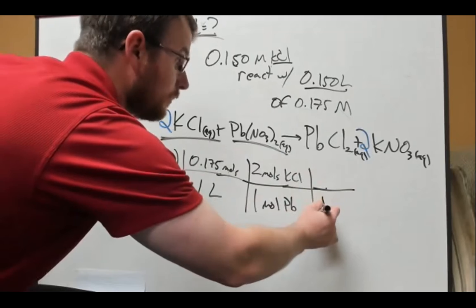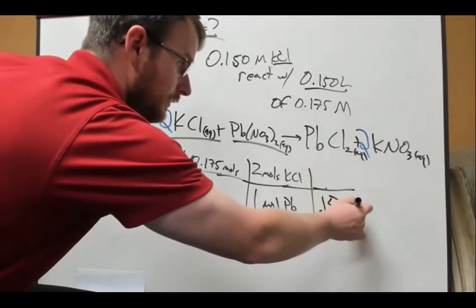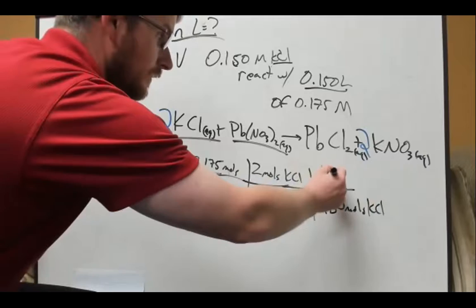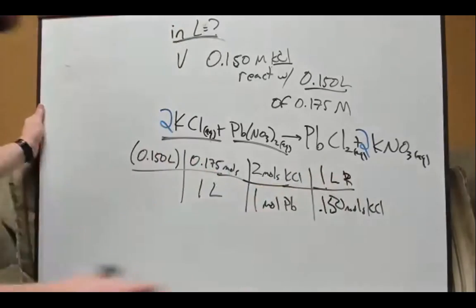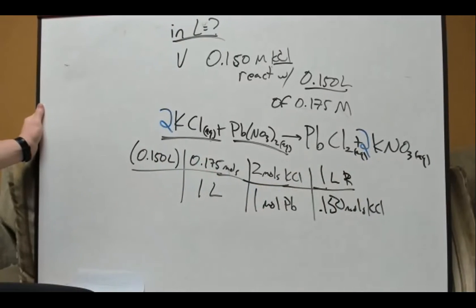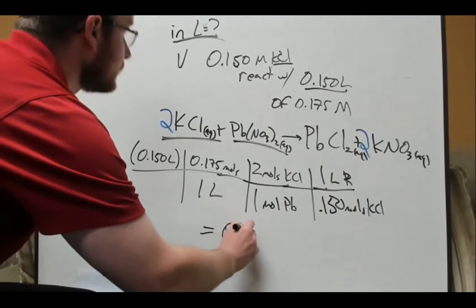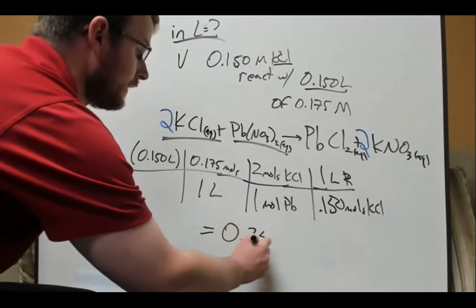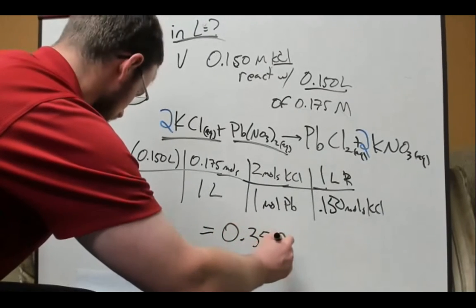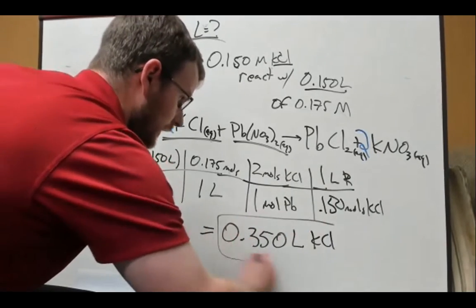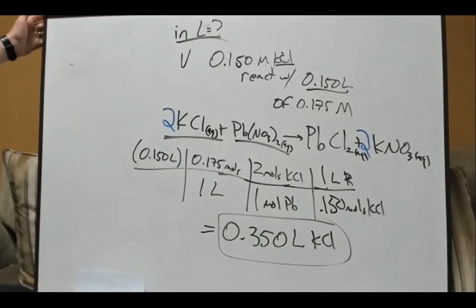So 0.150 moles of KCl for every 1 liter is in 1 liter. When we calculate all of that, we get 0.350 liters of potassium chloride.